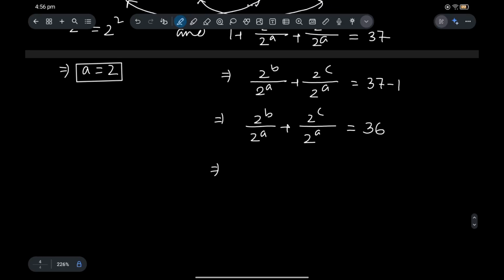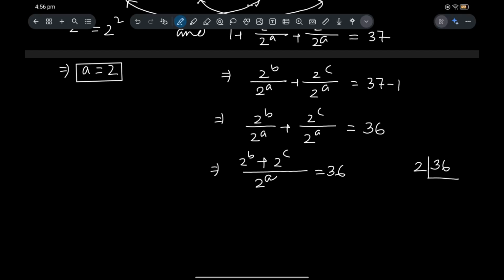That implies we can again factorize 36. First of all we take the LCM, so this will be 2 to the power b plus 2 to the power c equals 36 into 2 to the power a.